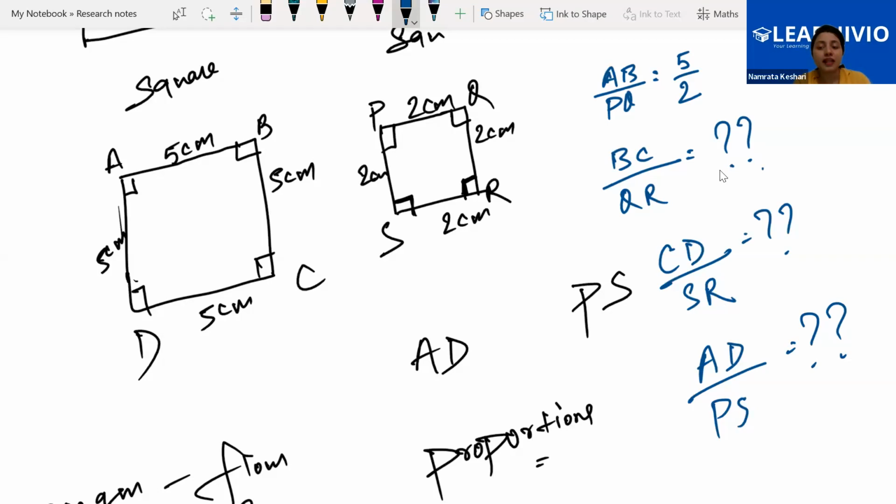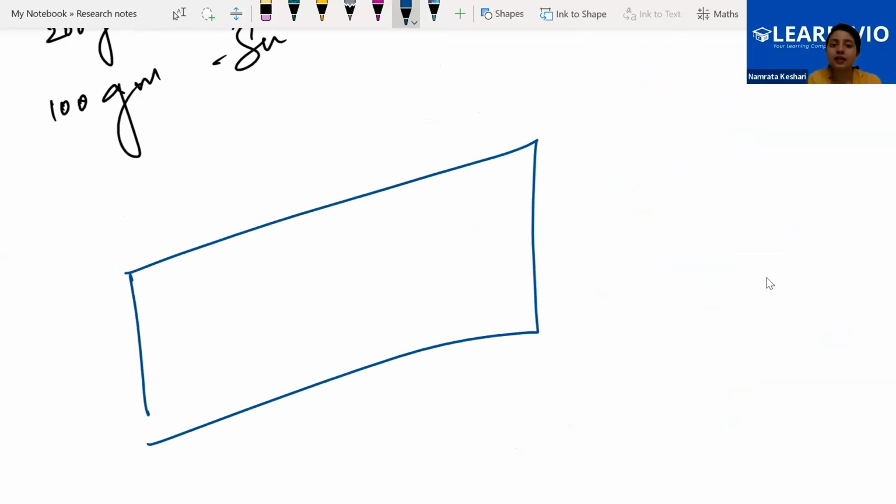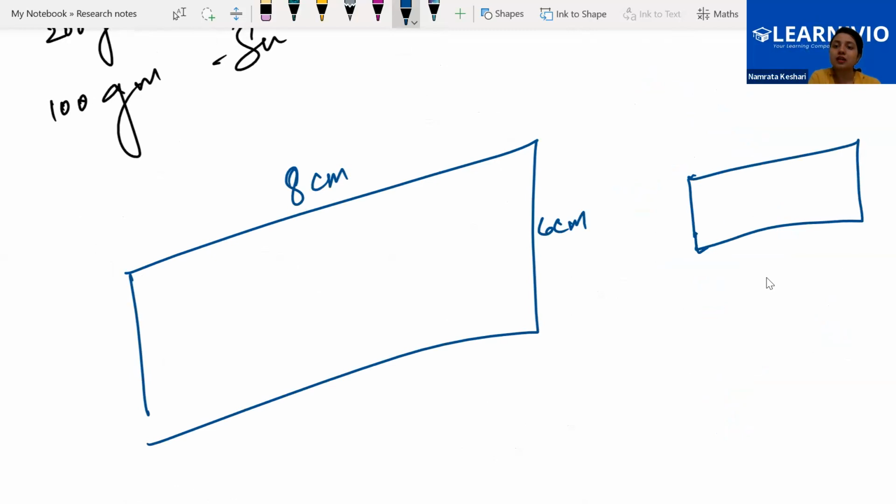That means you must have understood now that if we are reducing, we have to reduce in a certain proportion. Suppose we have a rectangle where the length is 8 centimeter and the breadth is 6 centimeter. Suppose we have another rectangle where the length is 4 centimeter and the breadth is 3 centimeter.